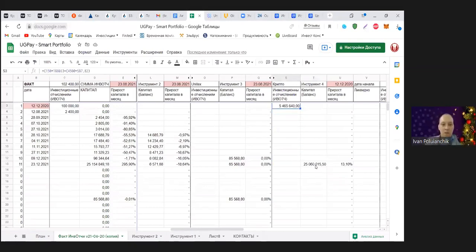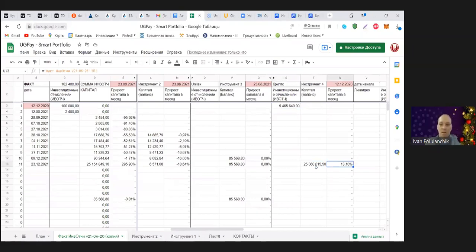So they were bought almost a year ago for approximately $5.5 million. And currently, those assets are worth $25 million. And in my table, I calculated that this is capital gains of 13% per month.